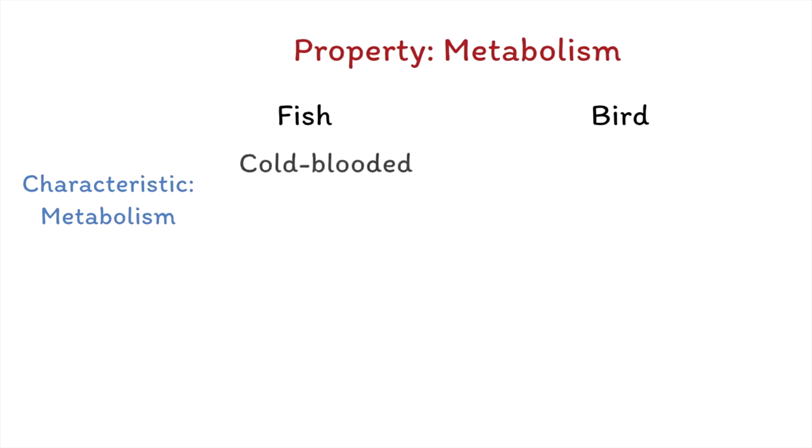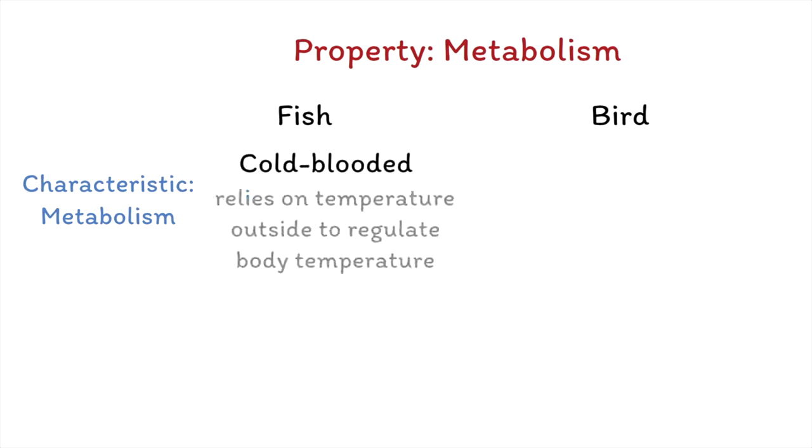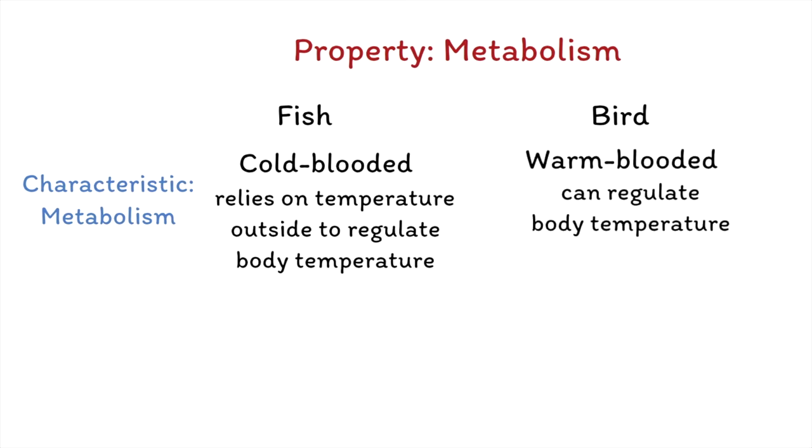Fish are cold-blooded, which means they cannot regulate their body temperature internally and instead rely on the temperature of their environment to regulate their metabolism. As a result, their metabolism slows down in colder temperatures and speeds up in warmer temperatures. In contrast, birds are warm-blooded, which means they have the ability to regulate their body temperature internally through metabolism.